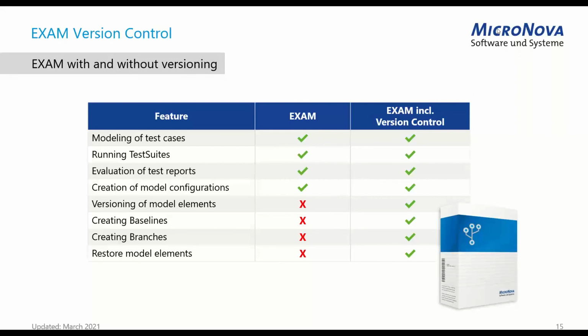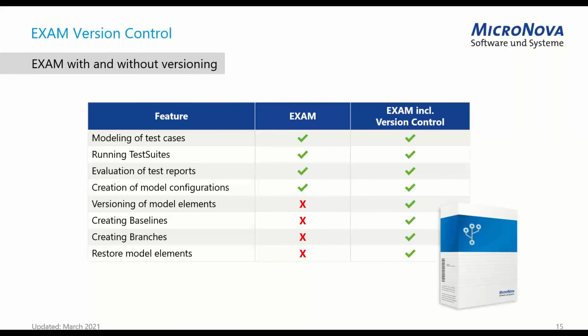This was giving us a really good overview about all those features of EXAM version control. To continue and to also conclude today's webinar, I've brought to you an overview about all the features and about, let's say, the picture of how to work with EXAM with and without versioning. So what you can see here is a list of all the important major features of EXAM.